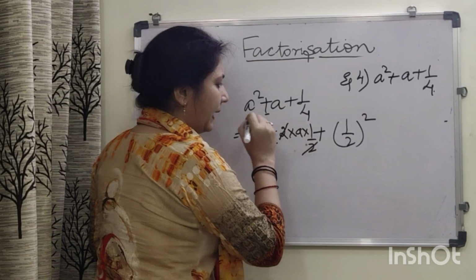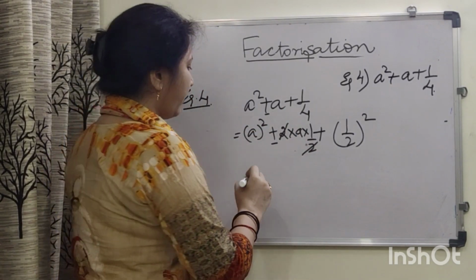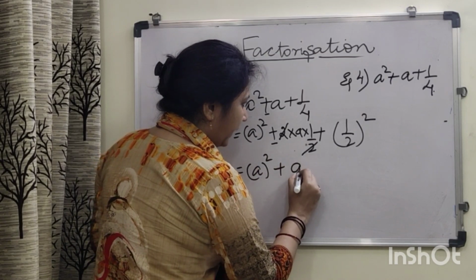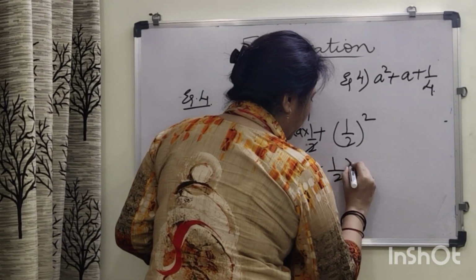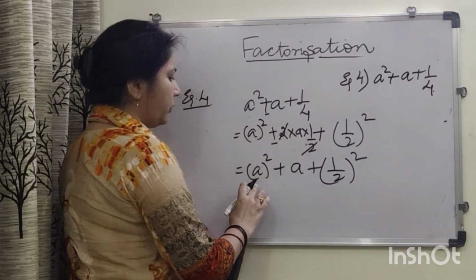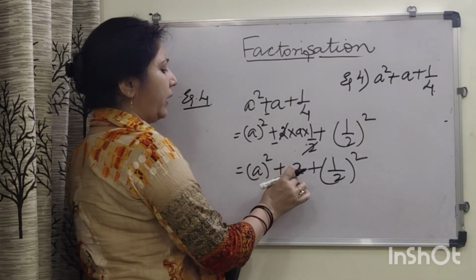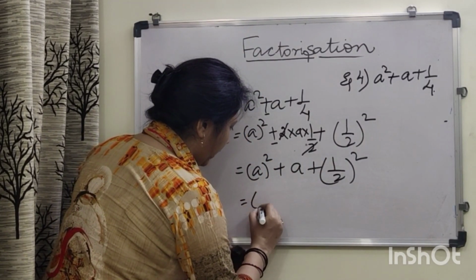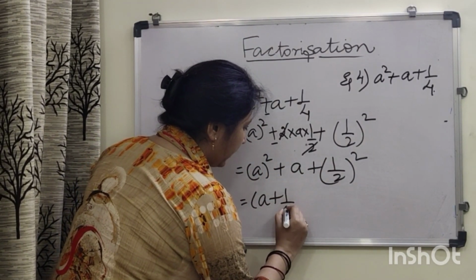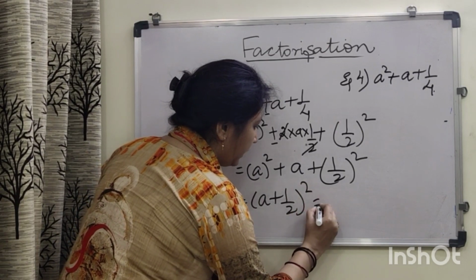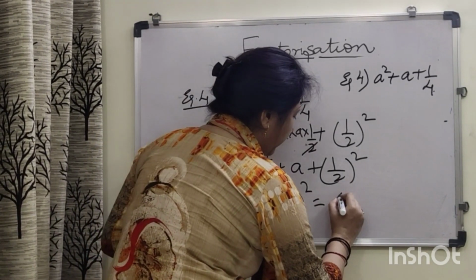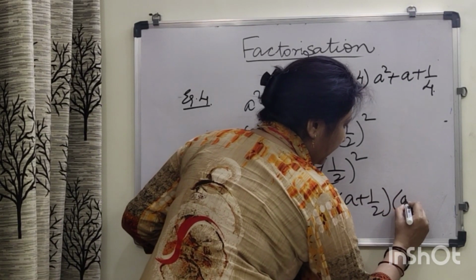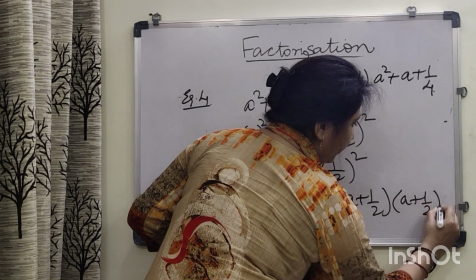These 2's will cancel themselves. So what you have got? A whole square plus a plus 1 by 2 whole square. Now children, you can see it is identity a square plus 2ab plus b square. So what you have obtained? A plus 1 by 2 whole square, and if you want to write, you can write like this: a plus 1 by 2 into a plus 1 by 2.